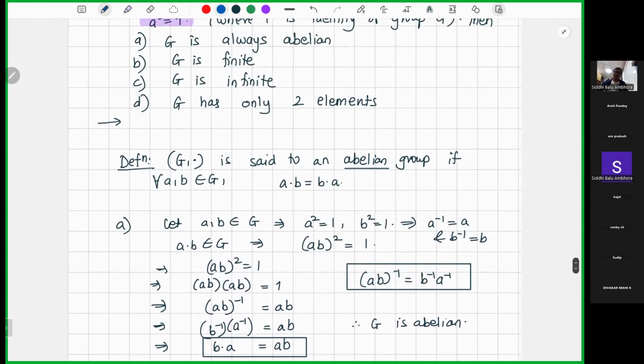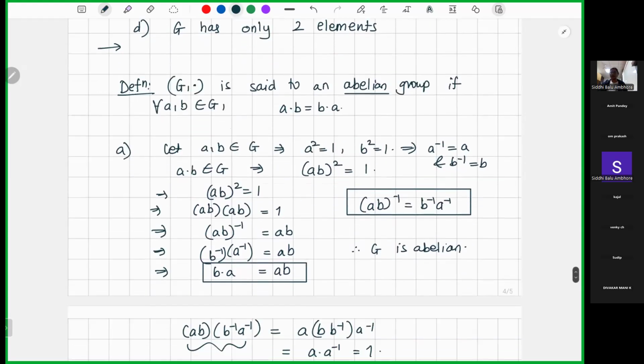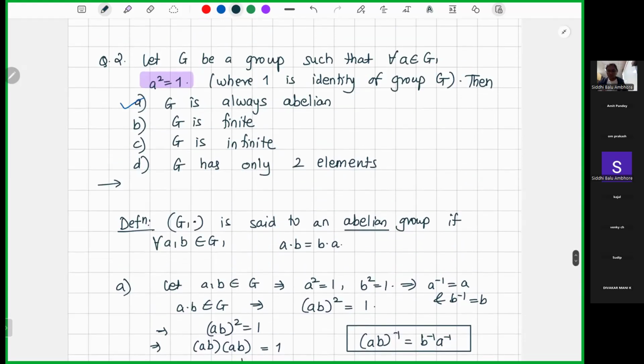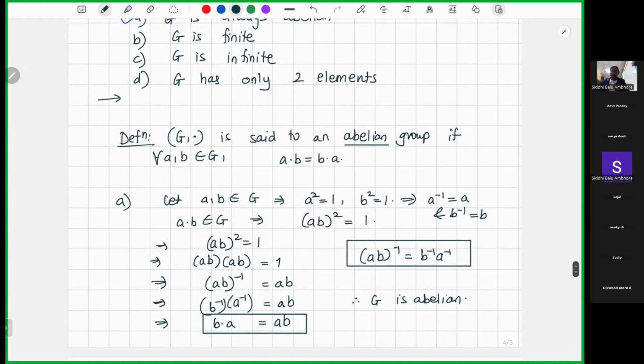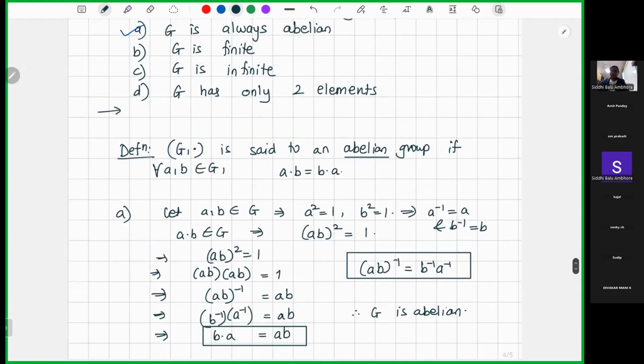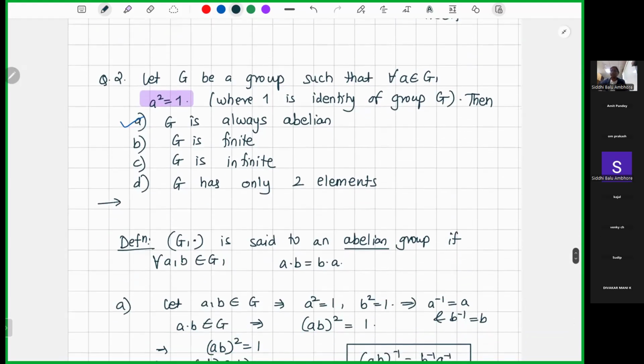Now, the first one is true. Now let us check whether the second one is true or not. G is finite. So they say A square is equal to 1. Will G always be finite if this condition is happening in group G, that A square is 1?